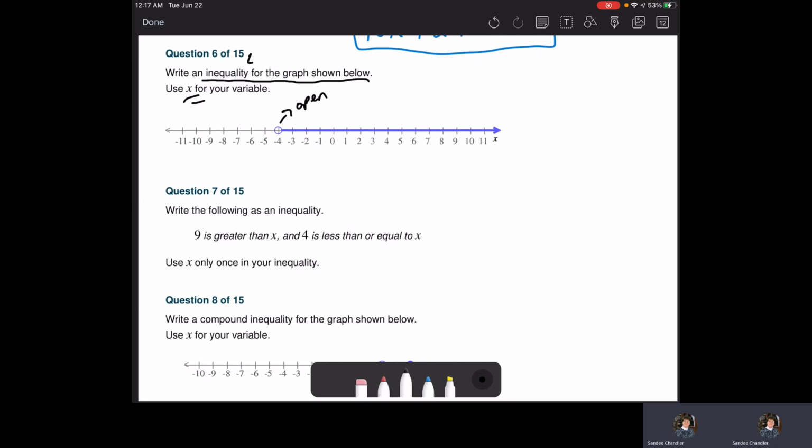Inequality, remember, they want this either to be less than, greater than, less than or equal to, greater than or equal to. But we see that we got an arrow on the end of this. So it's going forever that way. So that means x is going to the right. So x is greater than something because it's open. No equals. It's greater than the negative 4. So that's what they're looking for there.